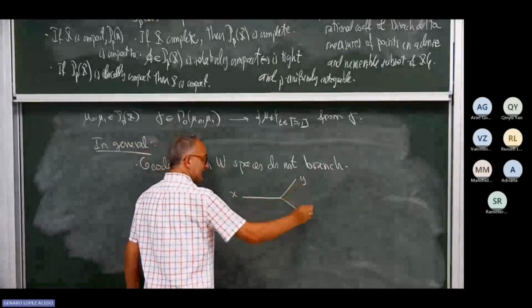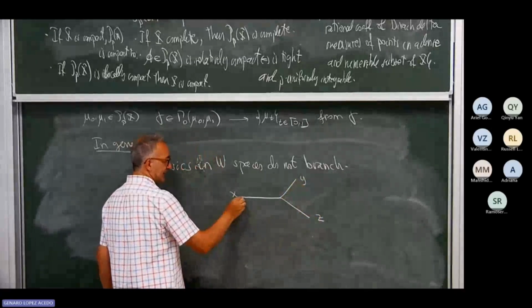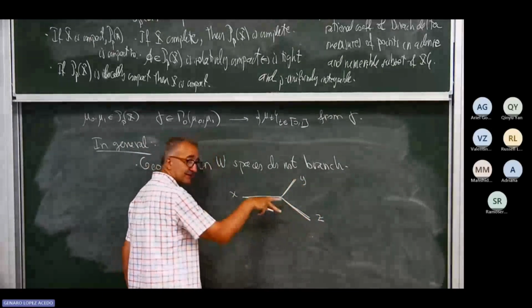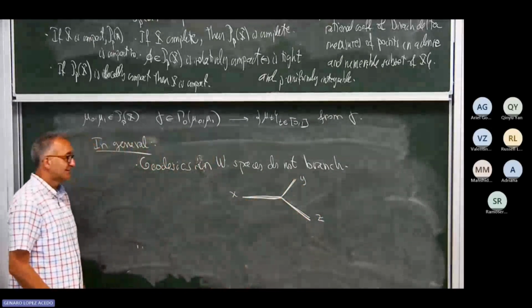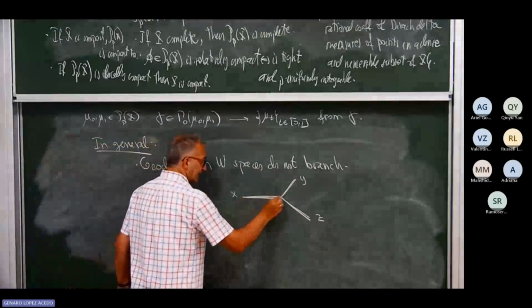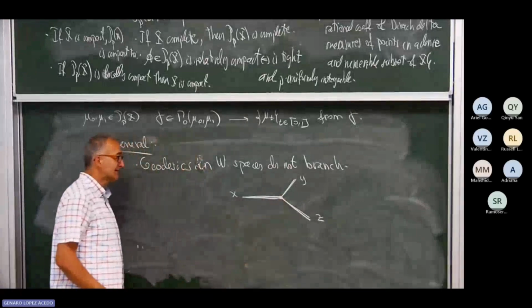X, Y, Z: this is a segment, and this is a segment. So the geodesic branches as geodesics. It would be called the branching point, right?